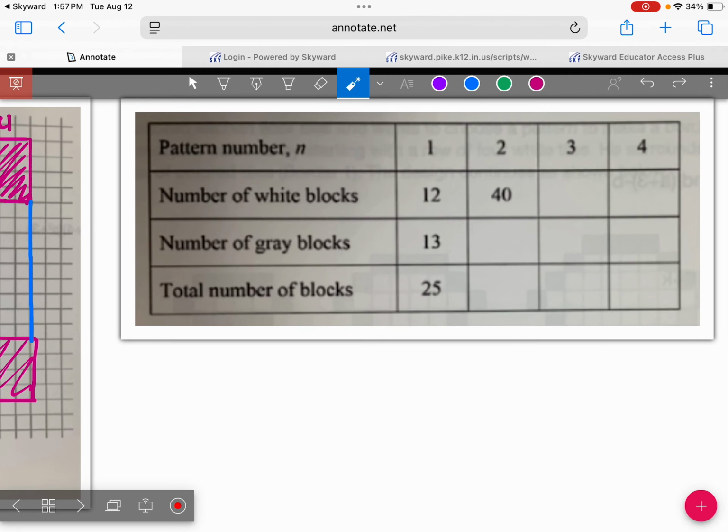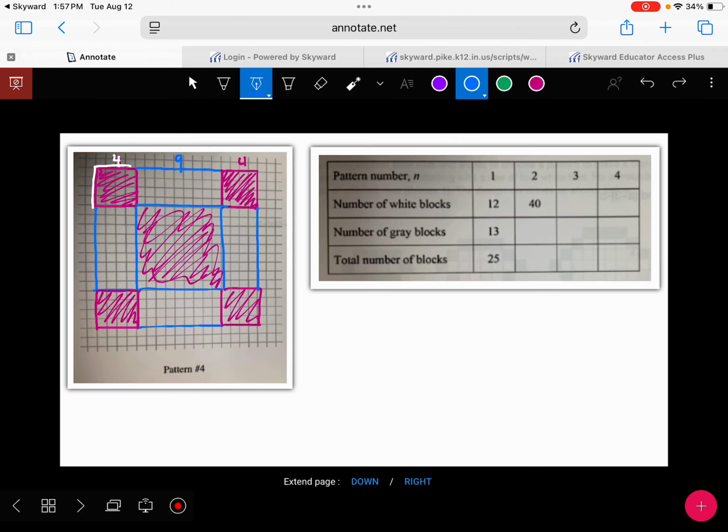So see if we can figure out the number of gray squares in pattern 2 and the total number of squares, blocks, cubes, whatever we call them. Total number of pieces in pattern number 2. We need the total number of squares and the total number of gray squares.